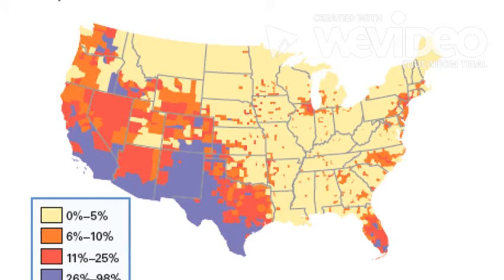Many Hispanic Americans originally migrated to the United States from Mexico, Cuba, and other Latin American countries. As you can see on the map of Hispanic Americans, a higher percentage of Hispanic Americans live in the Southwest states. These states border Mexico.